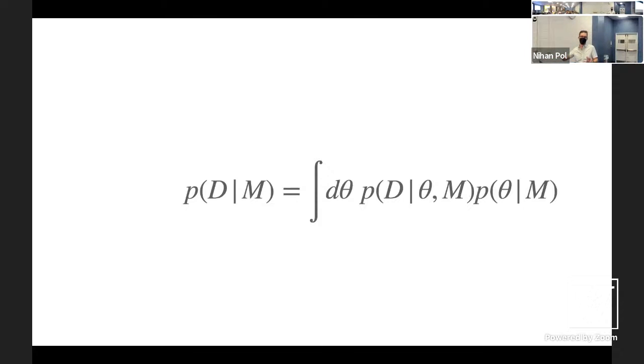So it's telling you how good your model fits the data, not necessarily how good your model fits the data if you happen to have the best fit parameters. So it's more of a 30,000 foot view of how well your model is doing. Neil probably got into some of the nuances there.